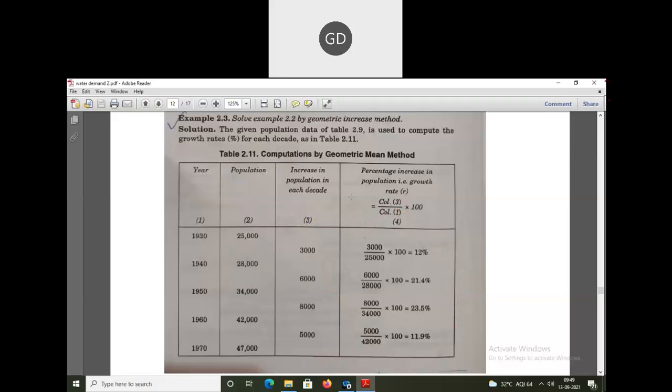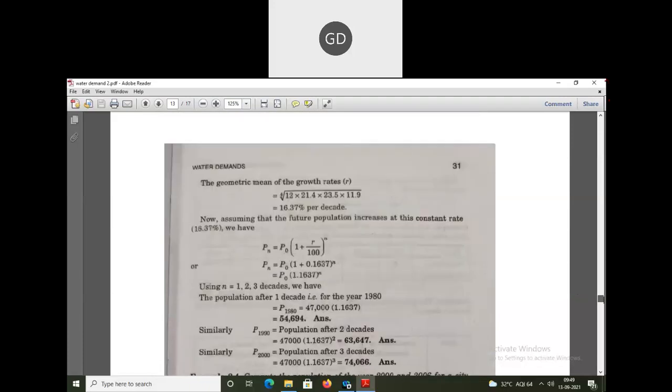Next we have to move on to finding the geometric mean of these growth rates. We have to find the geometric growth rate. You have got three formulas, and you can use any of the three. In this book they have used the third formula, that is the root over R1 into R2, multiplied by R3, and so on up to the last R given to you, so it is the root over that.